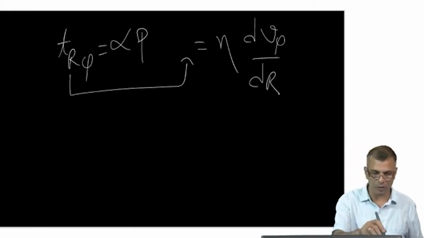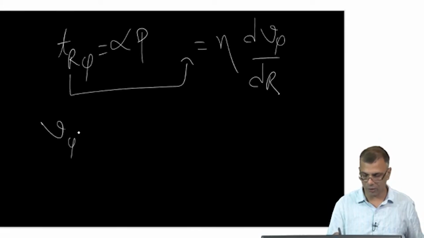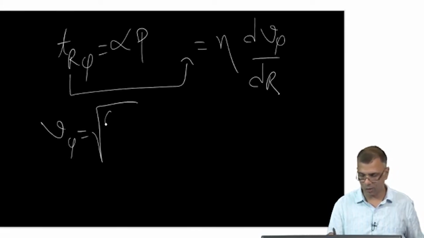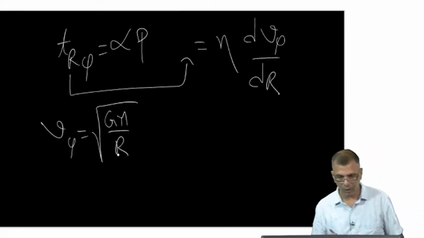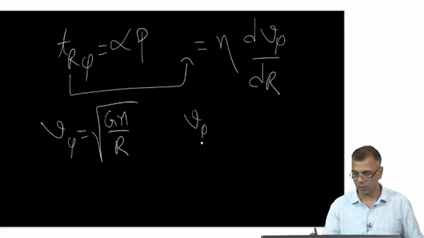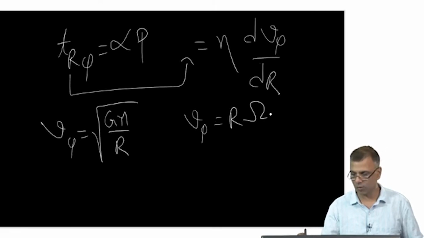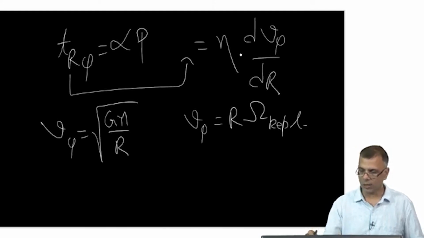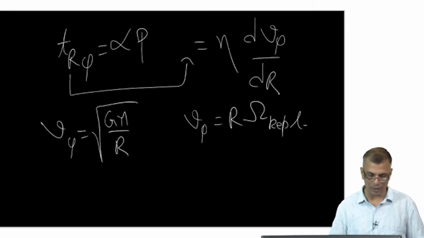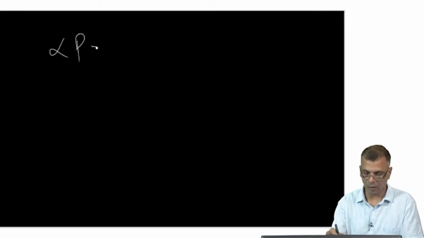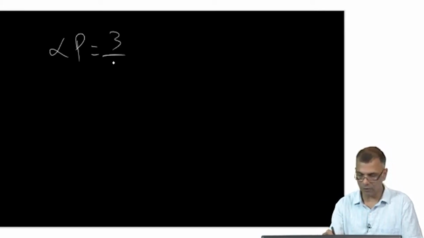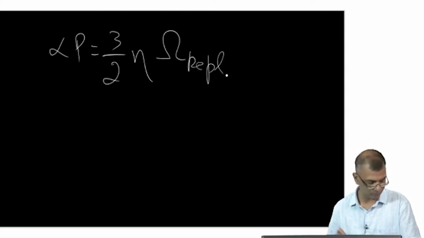And since V phi is taken to be the Keplerian value, V phi can also be written as r times omega Keplerian. This equality can be written as alpha p is equal to 3/2 eta omega Keplerian.